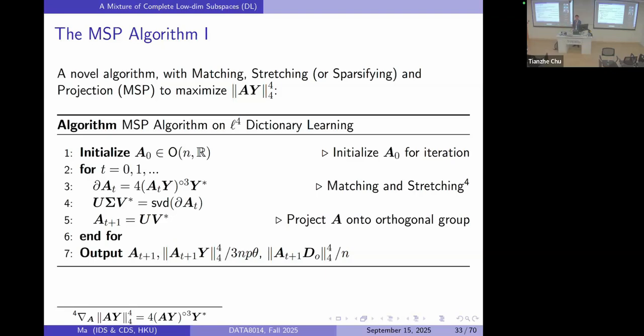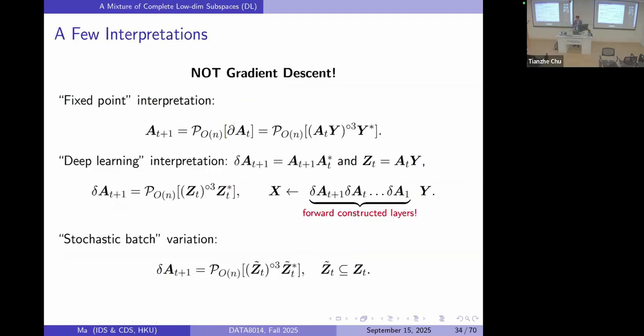You don't do gradient. So is this still gradient descent? It's no longer gradient descent. Essentially you take the gradient and project, right? Now look at the form of the gradient, the form of this operator. When does this matrix converge?